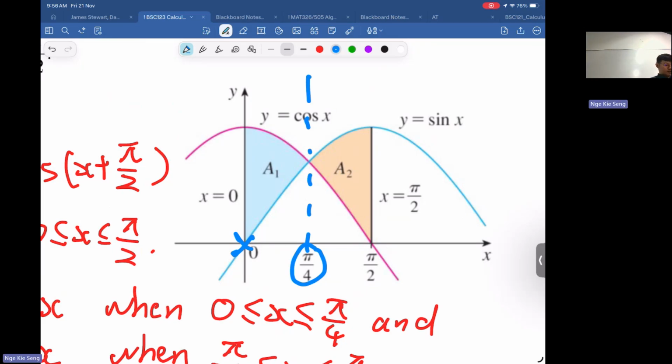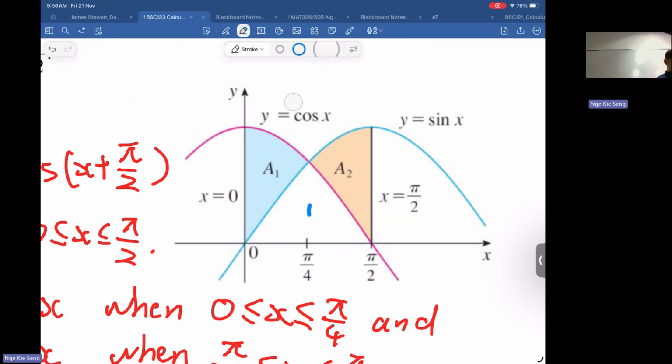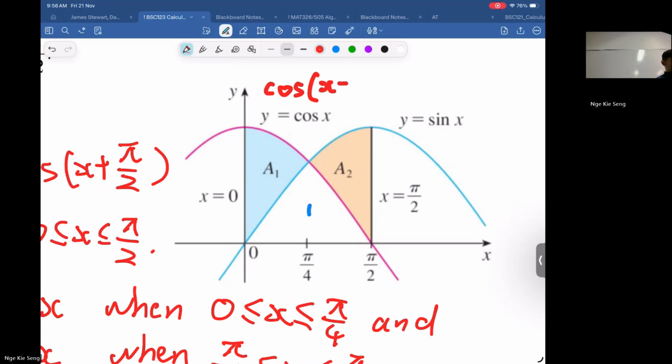So instead of discussing cos x, maybe you can discuss cos of a shifted x, if we want to move to the left or right. So I think we need to consider this. So the claim is these two functions are symmetric.